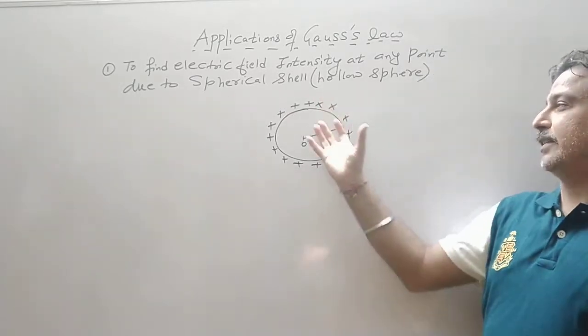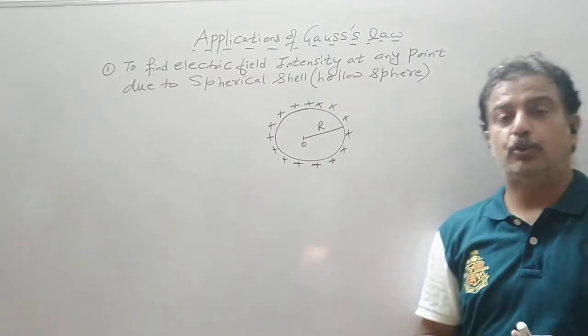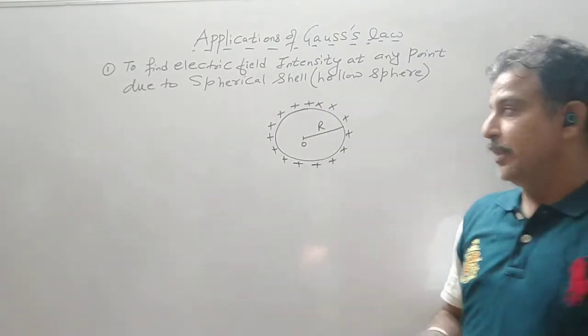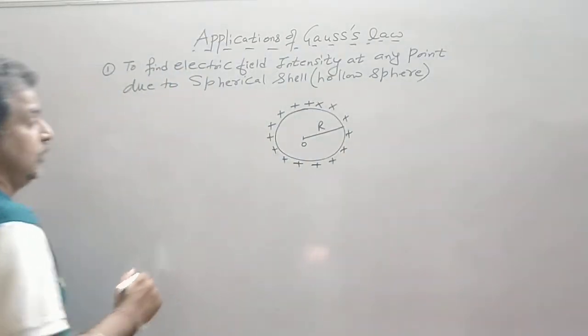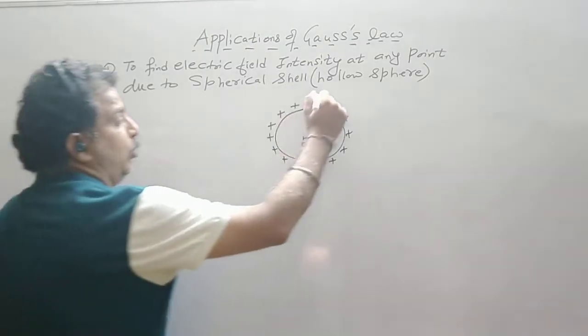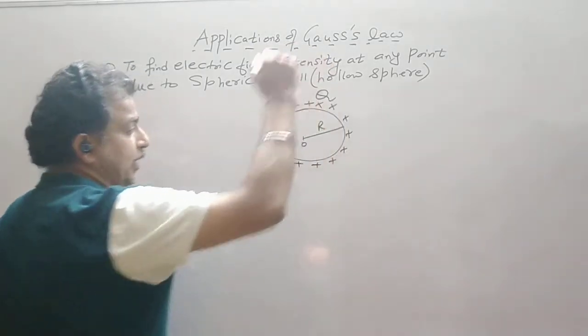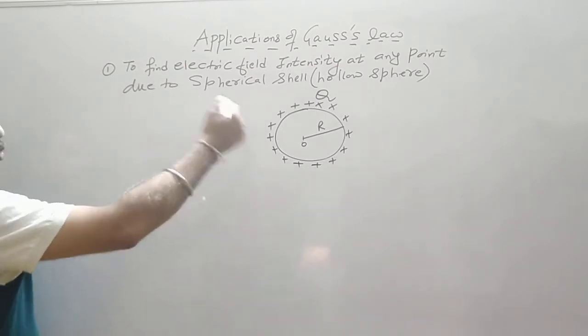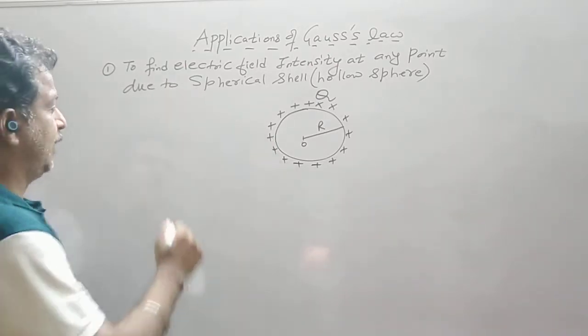Now a hollow sphere is considered to be 2-dimensional, so we have a surface charge density on it. So first we define the surface charge density for this. The amount of charge is, say, capital Q.